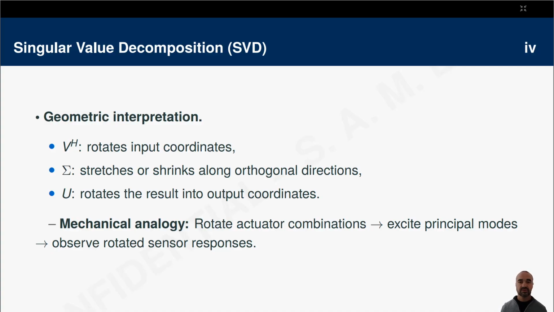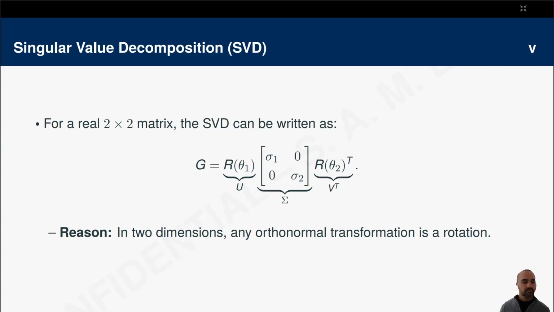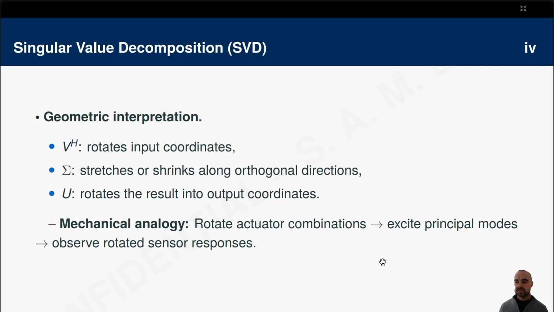At the end of the day we measure sensor outputs, and this also shows us how we can go back from what sensors feel to what the actual inputs are. Let me add one more thing: you're essentially choosing combinations of actuators that excite clean modes, your desired modes.